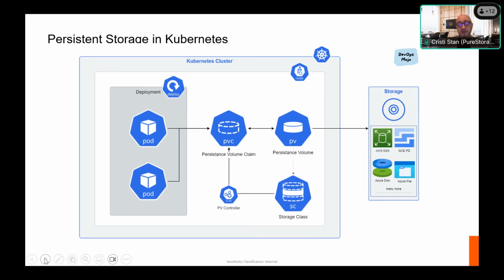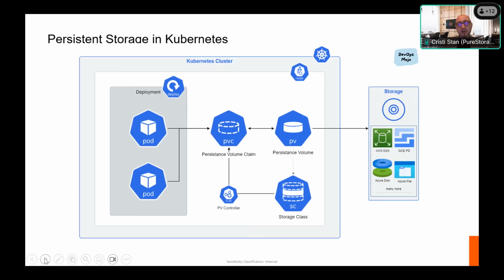Not all vendors are able to provide the same capabilities, or a roadmap for their CSI. And as you've seen in the introduction, at some point some vendors get discontinued because they're not supported by the big platforms.